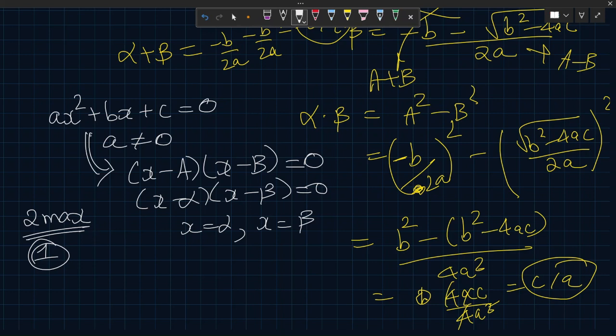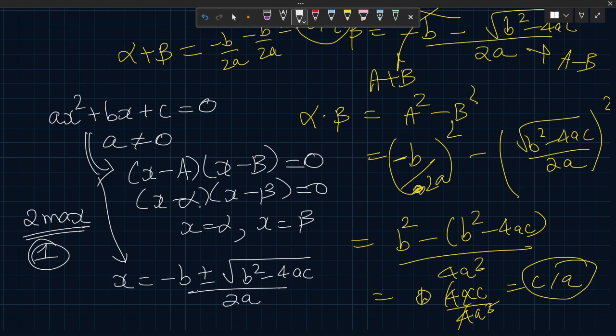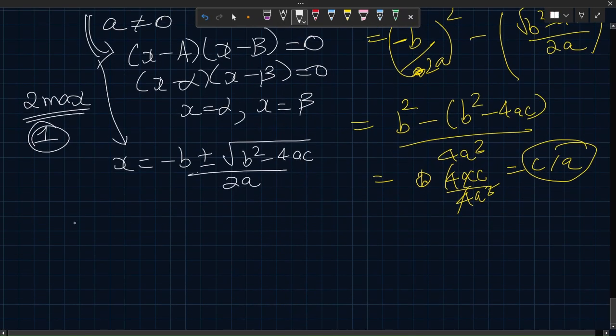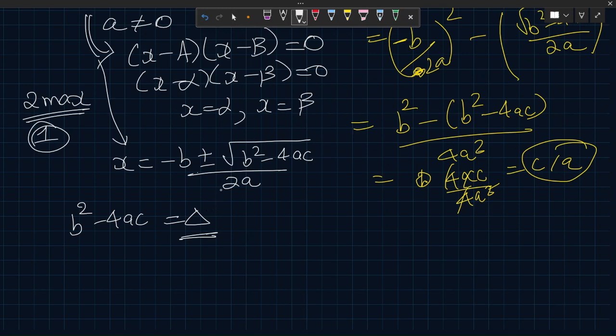The solution to a quadratic equation of this form is x equals minus b plus or minus square root of b squared minus 4ac by 2a, where this value b squared minus 4ac we can call delta, which is the discriminant. It's called discriminant because it discriminates between the different types of roots.